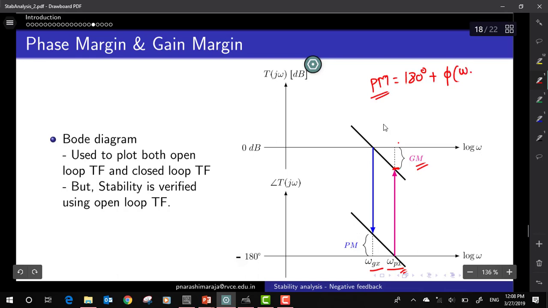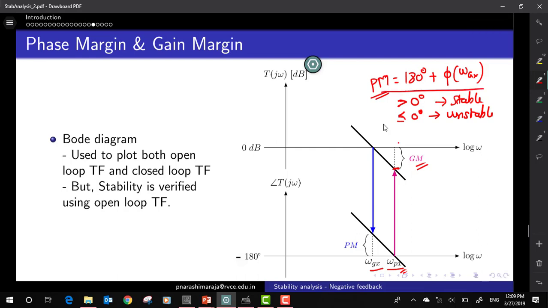If this quantity is greater than 0 degrees, you end up with a stable system. If it is equal to or lesser than 0 degrees, your system becomes unstable.